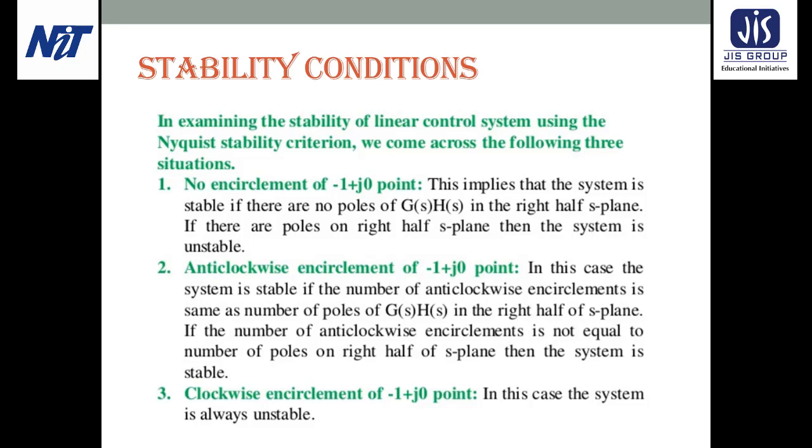So generally N will be taken as positive if Z is greater than P, and N will be negative if Z is less than P. So in the clockwise direction, if the S-plane contour encircles more zeros, that is Z is greater than P in the clockwise direction, then the Q(s) plane will encircle the origin N times in the clockwise direction.